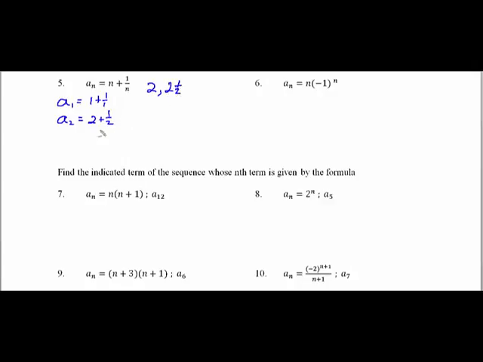That's my second term. My third term is going to be 3 plus 1 over 3, so that's 3 1/3. And the next one, a sub 4, that's going to be 4 plus 1 over 4, and that's going to be 4 1/4.